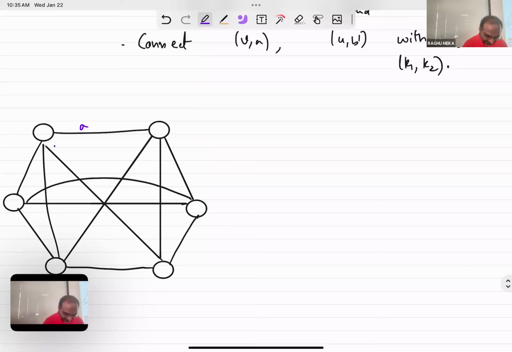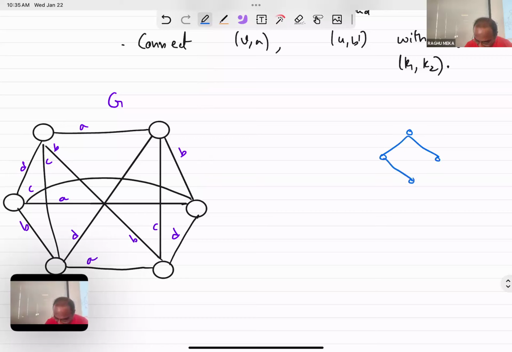So we'll say this is a consistent labeling: A, B, C, D, B, C, A, B, B, C, D, A, B, C, D, A, B, C. You can check that. And this is G, and H is going to be the same old 4 cycle. Here, the degree is 2. So this is my consistent labeling.